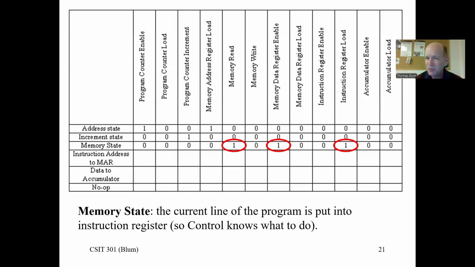Now we want the memory data register to put it on the bus, so that is an enable action. And then the instruction register is going to take that value in, so it is loading. So we send ones to those. Those are the actions we want, so those we send ones to, and everything else we send zeros to. And so all the ones and zeros you're seeing right now, those are the fetch cycle.